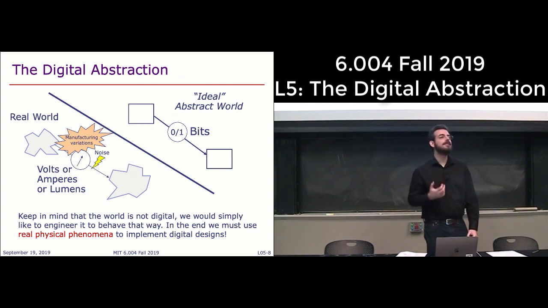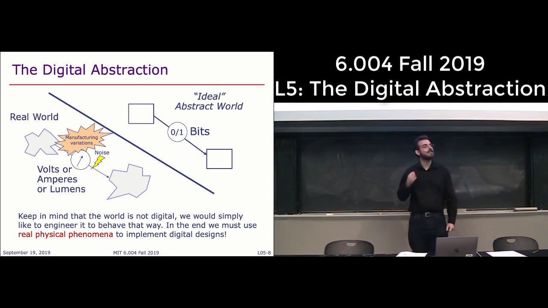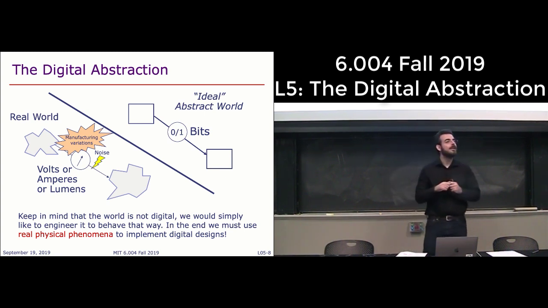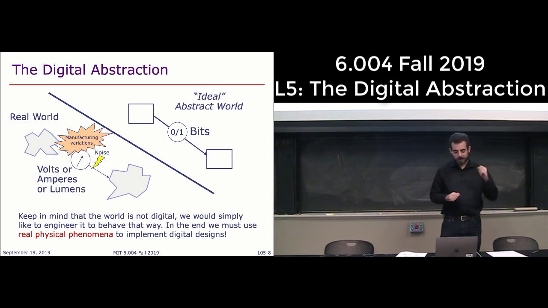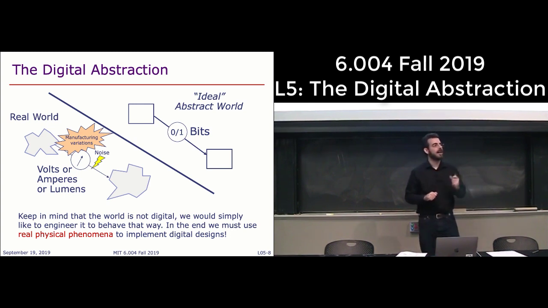What we want to do is go from this real world that has continuous quantities and noise and variations and imperfections and all sorts of things that are changing our signals over time to this ideal world where we have bits that are always 0 and 1 and never change, so that we can take some information, process it, manipulate it a billion times and get the same result every time.